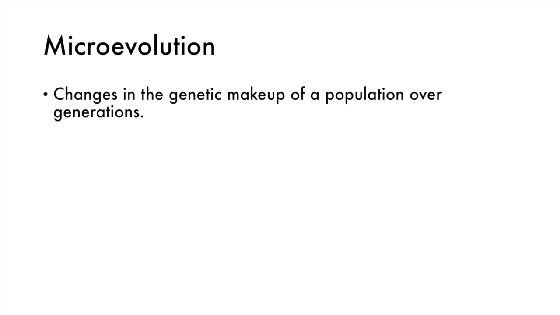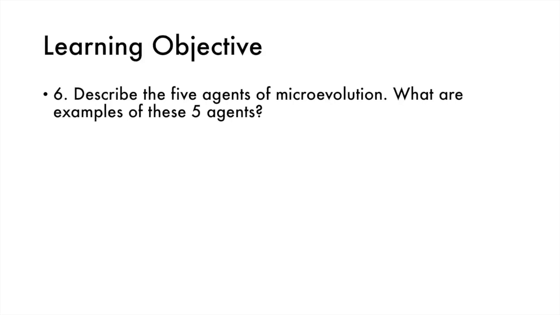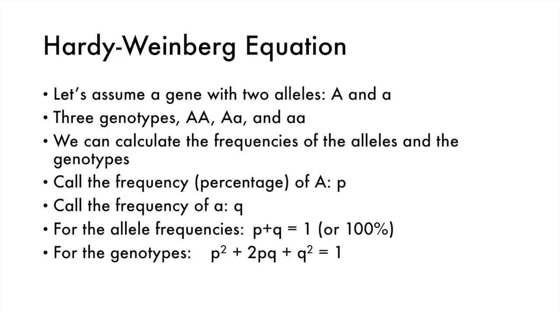So here we're going to start talking about genes and alleles again, and 5 agents of microevolution and some examples of these 5 different agents. So here we have to talk about the Hardy-Weinberg equation.